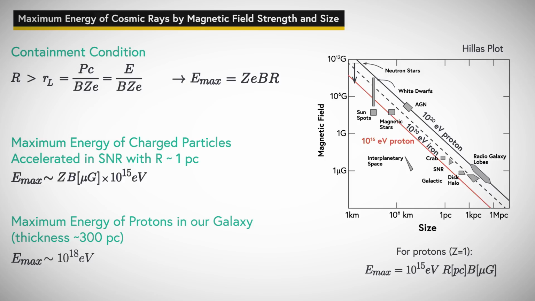It means that if a proton's energy is beyond this value, its trajectory in the galaxy is not significantly bent by the magnetic field. This also means that extragalactic cosmic ray protons with an energy over approximately 10 to the 18 electron volt can enter our galaxy. In the cosmic ray energy spectrum, this causes a transition from cosmic rays of galactic origin to those of extragalactic origin, which is believed to cause the break called the ankle.